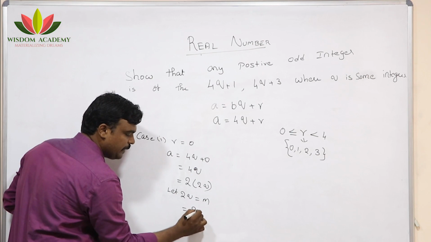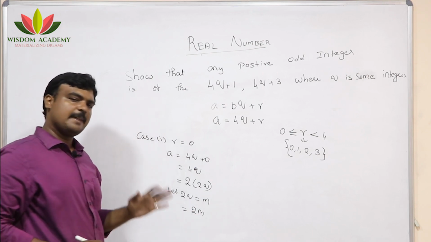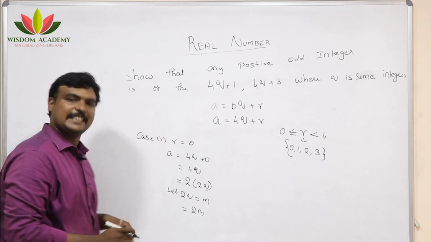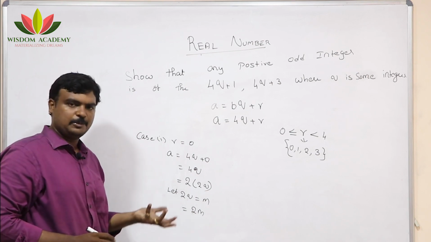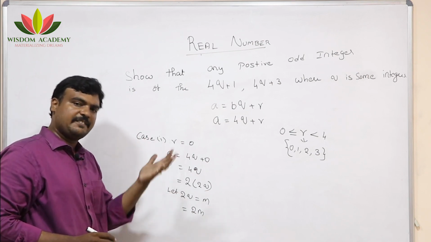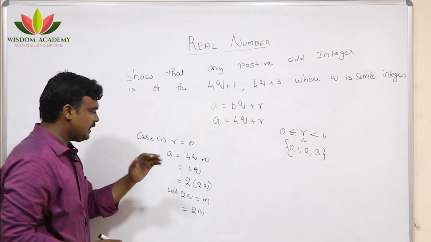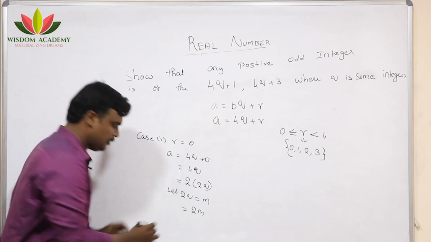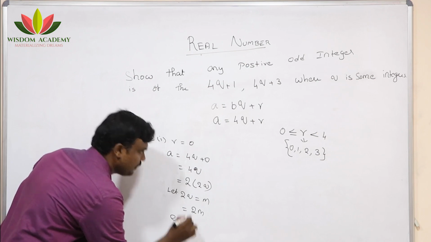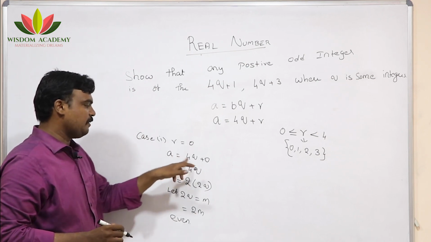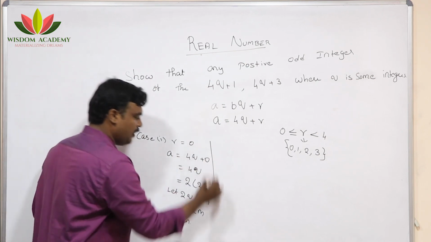So I will have 2m. Any number of the form 2m will be known as an even number, right? Any number which is multiplied by 2, whatever number, let it be 3 or 5 or 7, odd or even, if it is multiplied by 2, then that number will result in an even number. So it is even. So what is the number format here? a is equal to 4q plus 0. Now I am going for case 2.